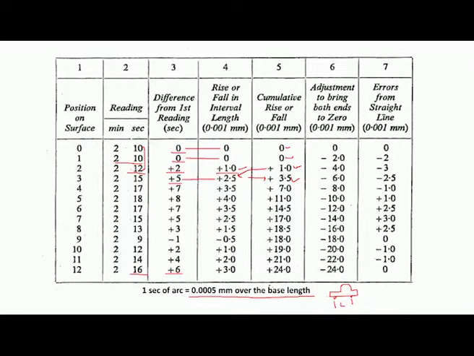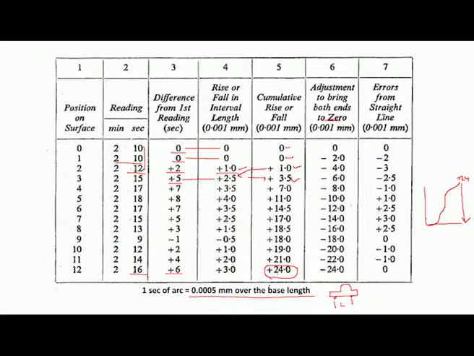Now, you can see in the last position the reading is plus 24 micrometers. So, we should bring this to 0. The cumulative value is like this, and at the last point it is 24 micrometer. In order to bring this down to 0, we have to add minus 24 to this, okay, an adjustment to bring both ends to 0.